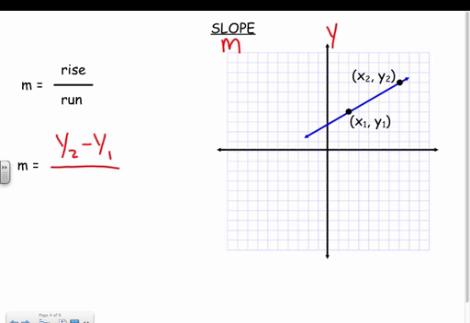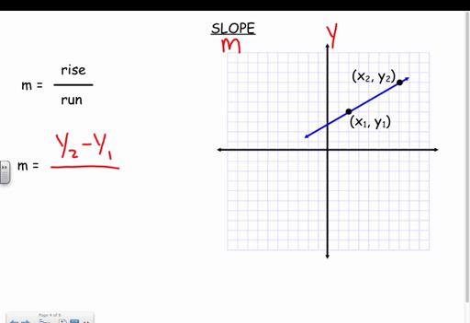So the run would be how it changes in the x direction. So x2 minus x1. So we just subtract our x's on bottom, because that's the run, right? How much it goes left and right. So you can pick any 2 points in your graph to find the slope.